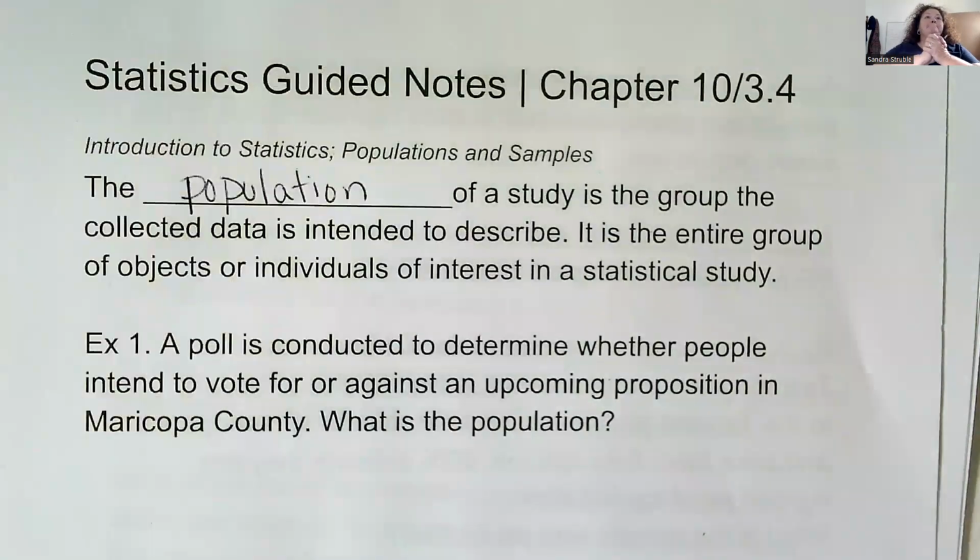Well, if they're conducting a poll and it has to do with people voting, then the people have to be registered voters. They're not going to be able to poll all registered voters, because that's what voting supposedly does. But it's all registered voters of Maricopa County.